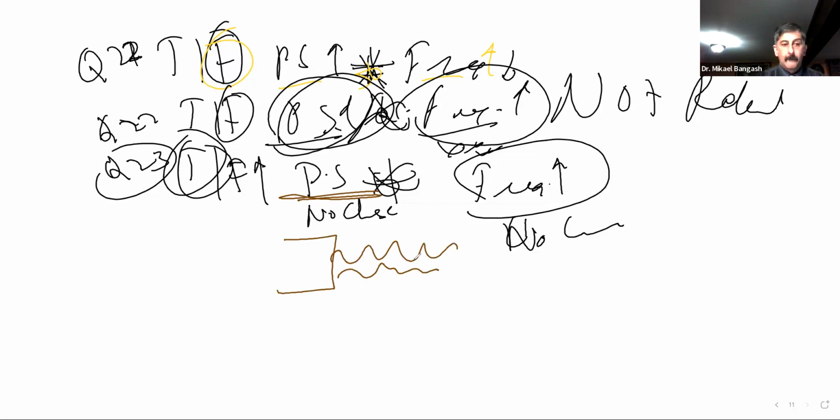In a later chapter, we can check it out. But the frequency is going to be directly proportional to some sort of speed, but not the propagation speed.